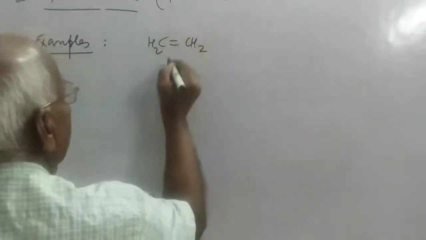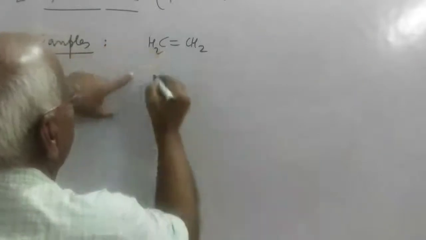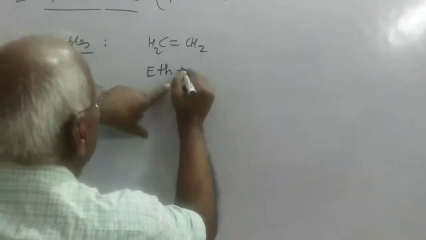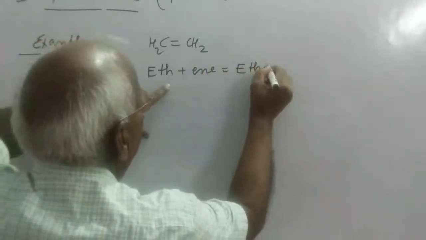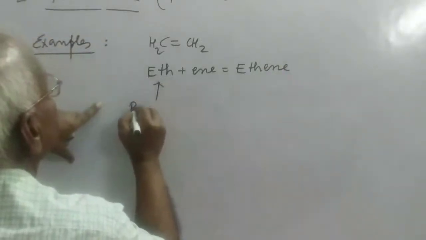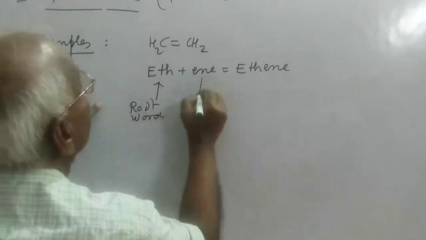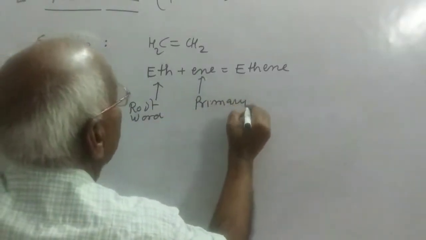The root word carbon number is 2, so root word is eth. Primary suffix is -ene, so it becomes ethene. This is the root word and this is the primary suffix.